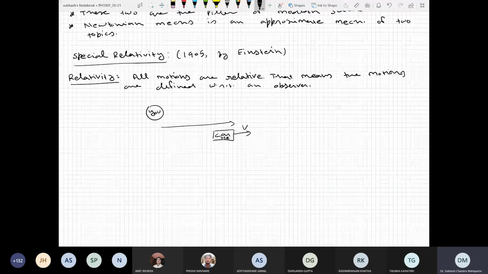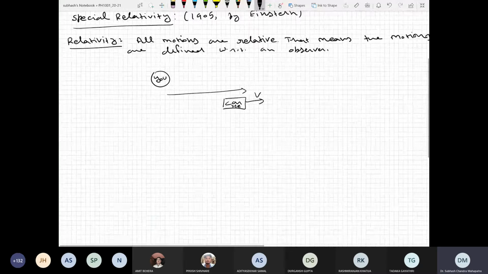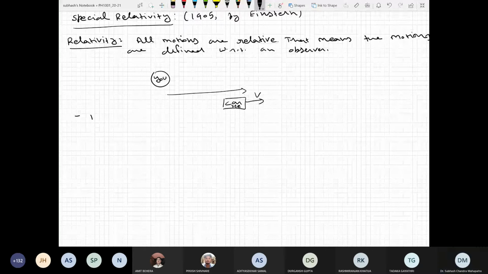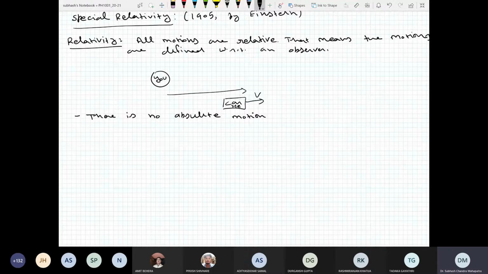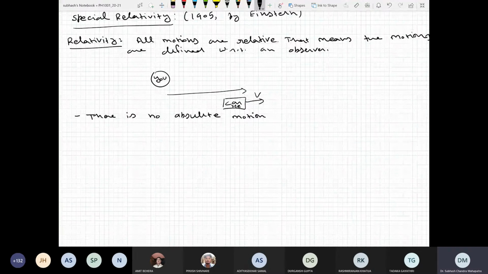So there is no concept of absolute motion. If somebody says he is moving with velocity 100 kilometers per hour, that's a wrong statement.